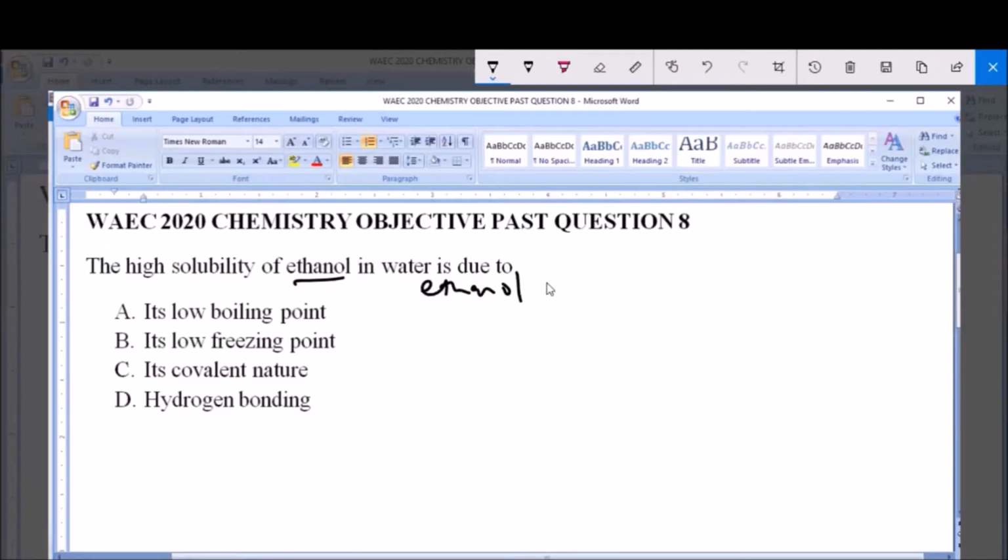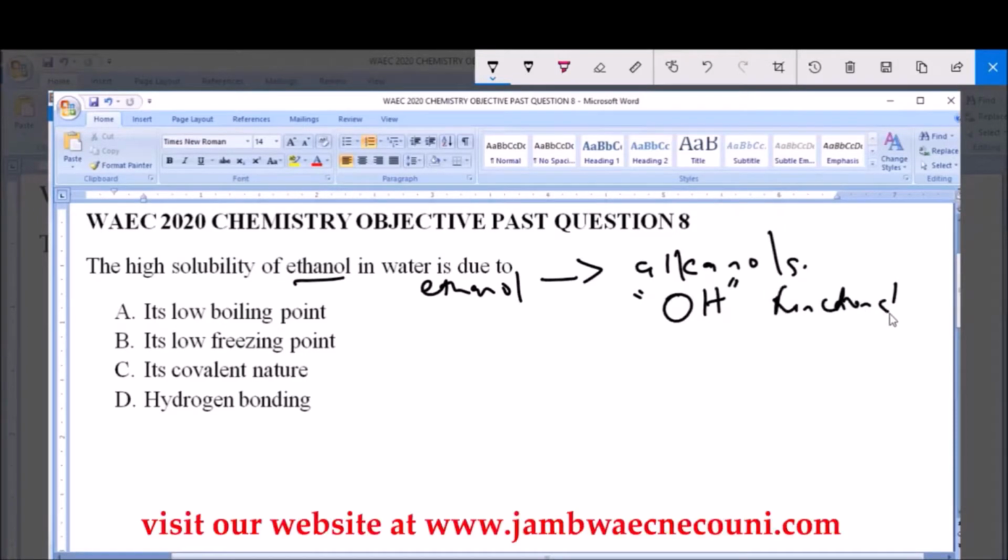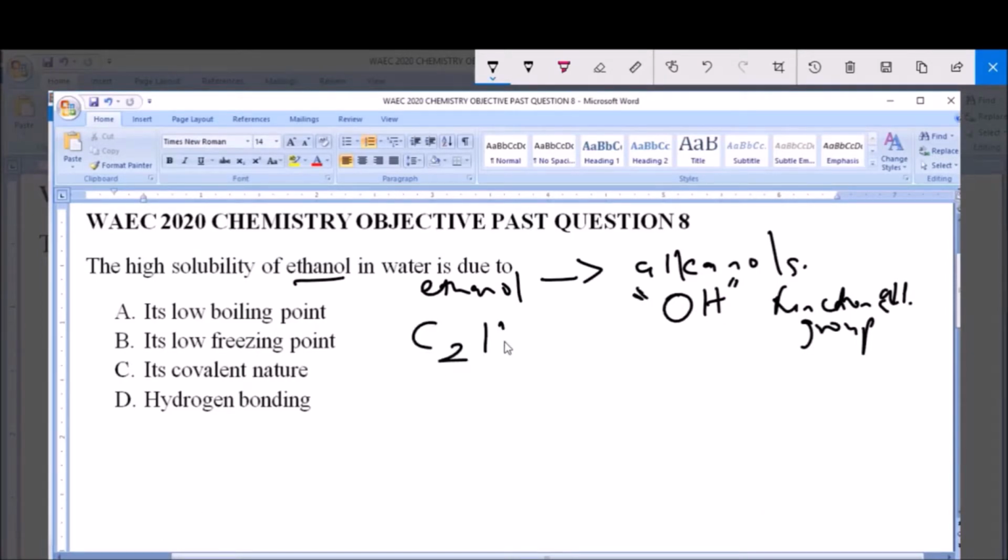belongs to the family of organic compounds known as alkanols, and these compounds are known for their OH or hydroxyl functional group. So this is what qualifies ethanol as an alkanol. Now its chemical formula is C2H5OH. So as you can see, you have the OH functional group in the chemical formula of ethanol.